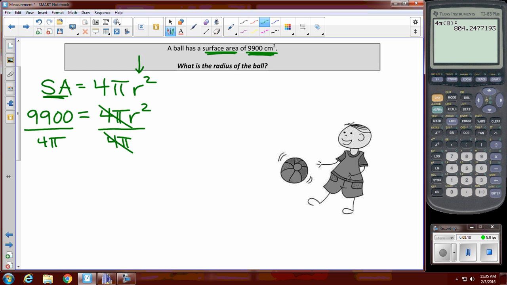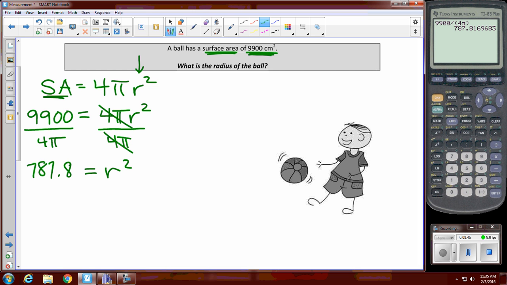So it's gone there, which will leave me with a radius squared. And then in my calculator, remembering the importance of those brackets, 9,900 divided by 4 pi in brackets, or 9,900 divided by 4 divided by pi. And this will tell me that I have this answer, 787.8.